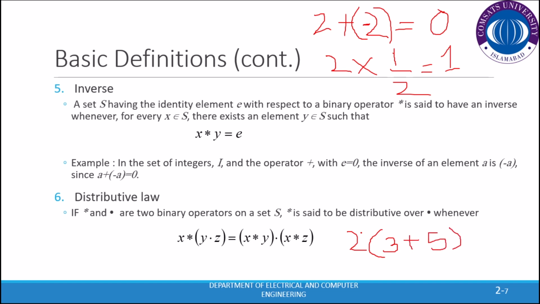Here there is a multiplication operator and this is a plus. When we apply distributive law, we can write 2 multiplied by 3 plus 2 multiplied by 5. This is very common, we all know. So here we have applied the distributive law over plus.